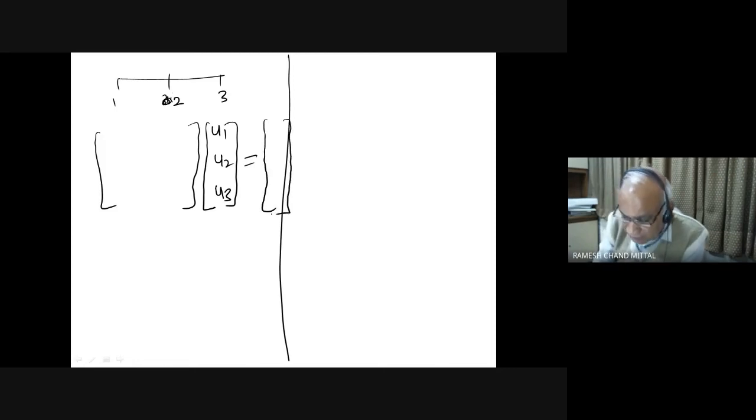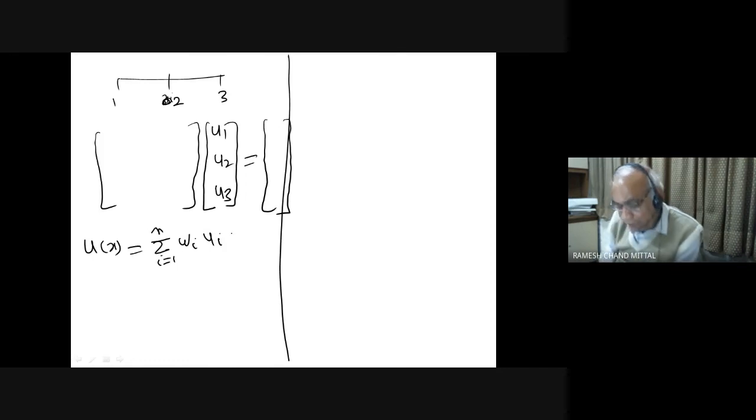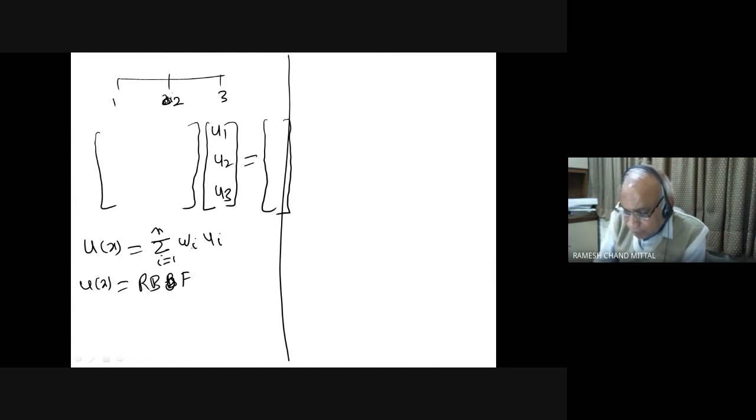Please understand what I am saying now before I write this, because you should understand that u(x) is equal to sum of w_i u_i, or I write in terms of, now what happened is that I put my u(x) as my basis function RBF. Then the weight can easily be obtained, and once this weight is obtained, this can be for any unknown function also or known function also.